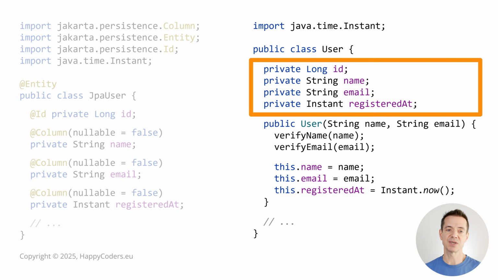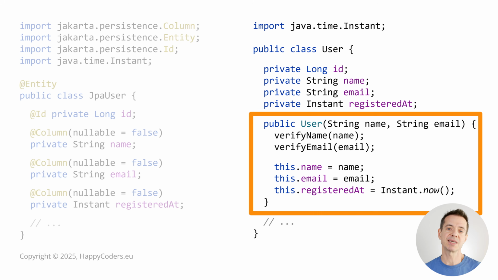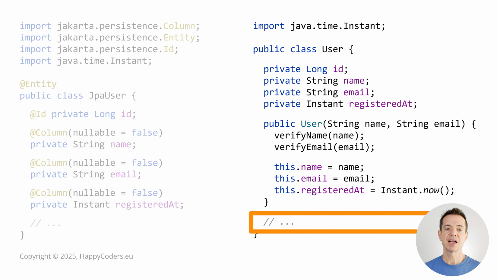It has similar fields, but no JPA annotations. Instead, for example, it has a constructor that validates the parameters and then creates a new valid user object with the required fields such as the registration date shown here. So it contains only purely domain-related concerns. And if we work with a rich domain model, then this class also has methods that allow us to change the state of the user object.